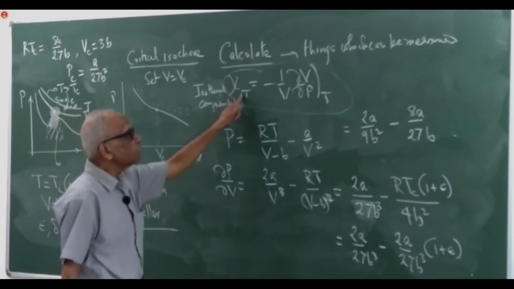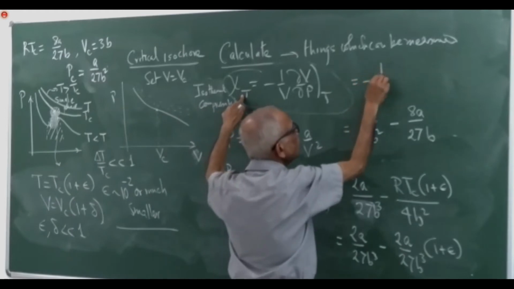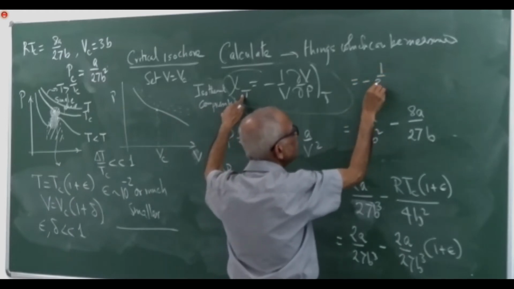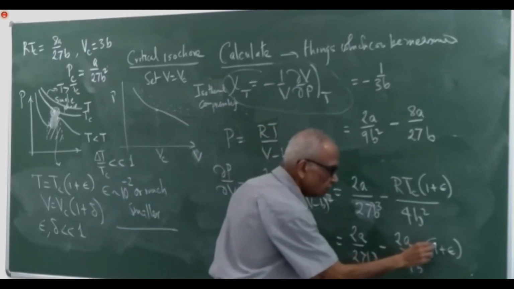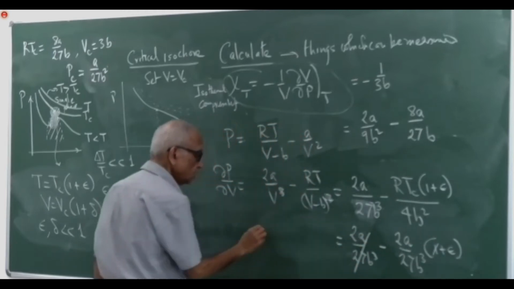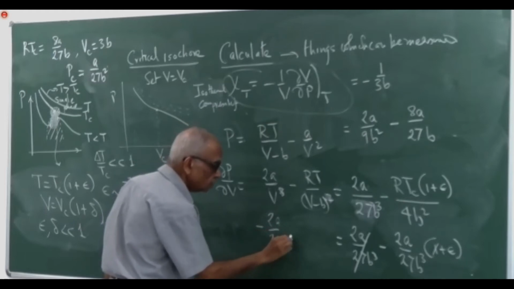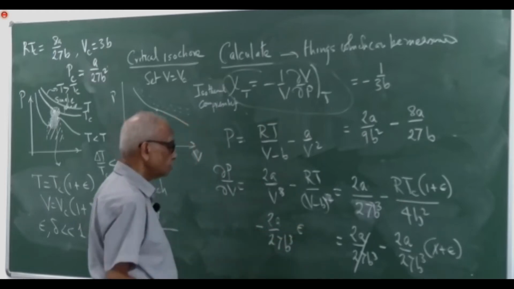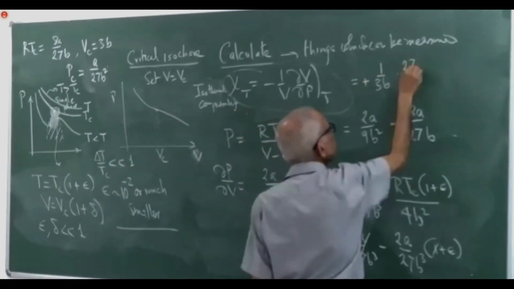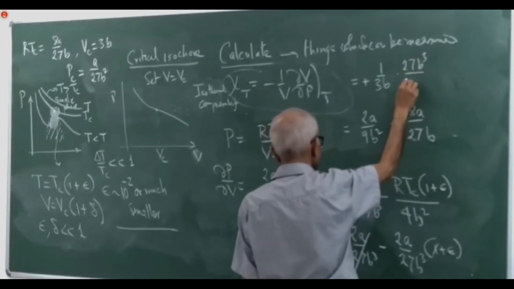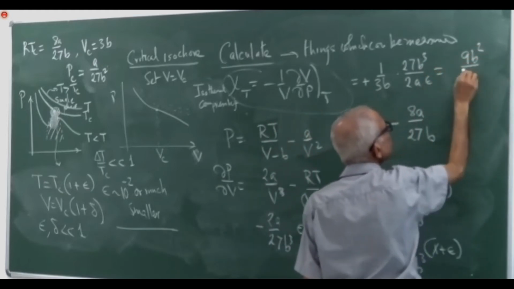So chi of T is equal to, so this is minus 1 over VC, which is 3B, and then it is 1 over this. So now what? The 1 has cancelled this term over here, and this answer is minus 2A over 27B cubed times epsilon. So it is plus, and you go 27B cubed over 2A into epsilon, which is 9B squared over.